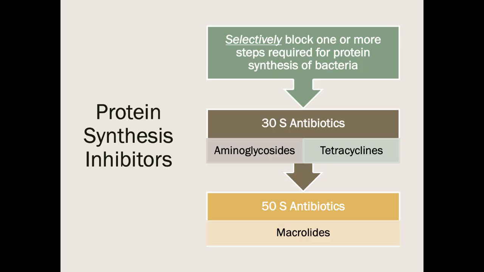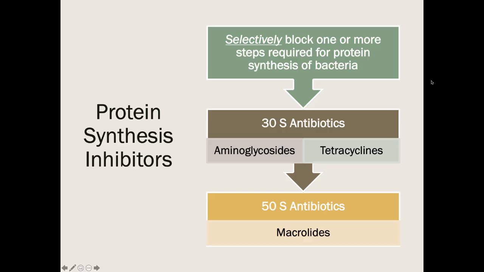So for the bacterium to replicate and keep itself going, the bacterium needs these proteins. So if we can block these proteins, we can block bacterium synthesis and replication. So we've got 30S antibiotics, we've got 50S. We can block either of these.